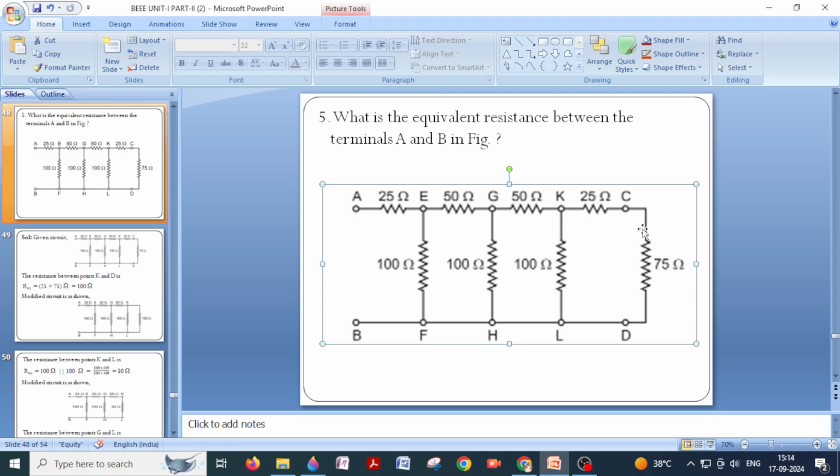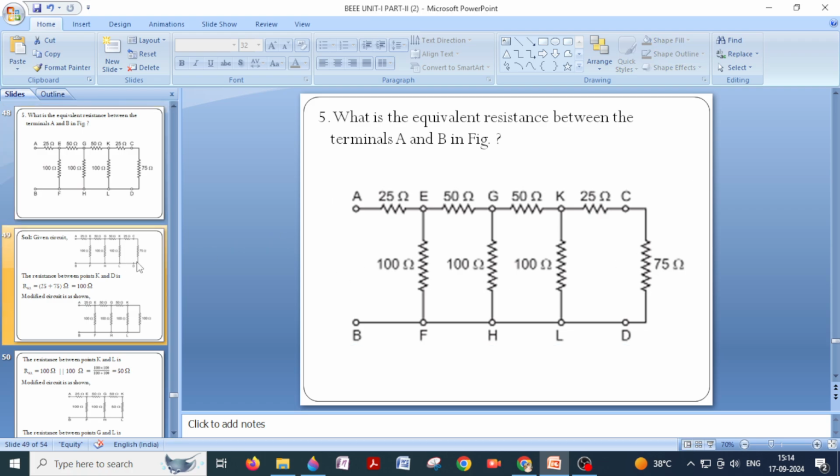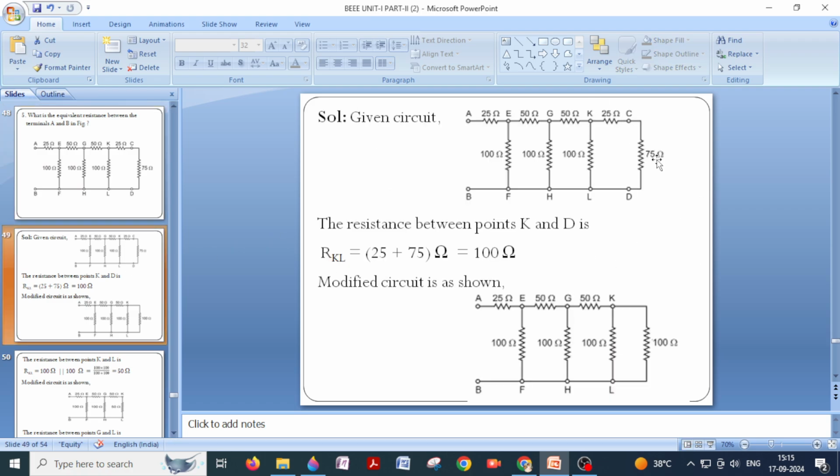The current direction will change here and it will flow through 75 ohms, and the current will return back to L. Whatever current is passing through 25 ohms, the same current will flow through 75 ohms. When the same current is flowing through two elements, those two elements are said to be connected in series. To determine the equivalent resistance of series connected elements, I must add those resistance values.